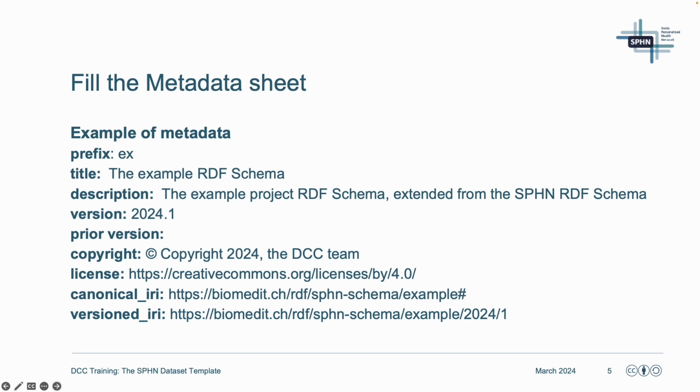Here the project did not have any, so it remained empty. A copyright and license information must be provided. And finally, a canonical and versioned IRI must be given following the biomedit.ch IRI style, as also used in the SPHN RDF schema.